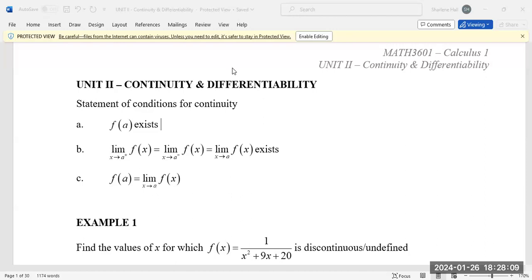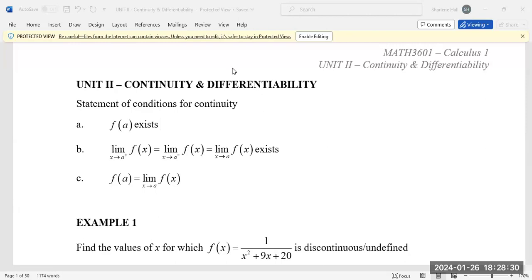All right. Now, the statement and condition for continuity says f of a must exist. The value of f of a must exist.